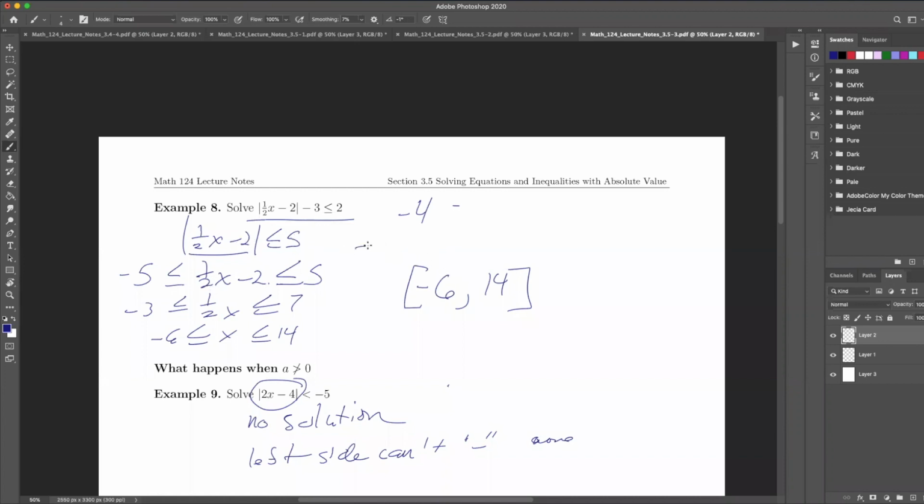So let's just test the negatives real quick. -8 gives us on the inside here 6, and the absolute value is greater than 5, so that didn't work. -6 here gives us exactly 5, because -6 here gives me -3 minus 2, which is -5, and that works. -4 gives me -4. -2 gives me -3, right? 0 gives me -2 on the inside, but when we translate it to the absolute value sign, let me just wander through this all the way.